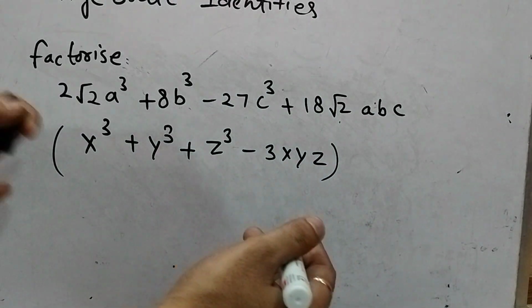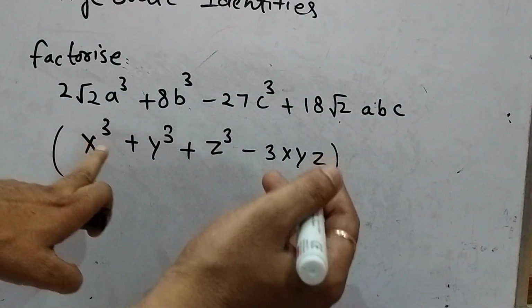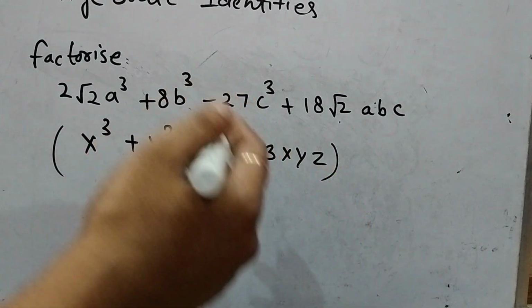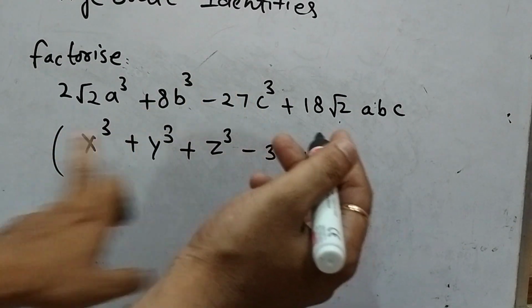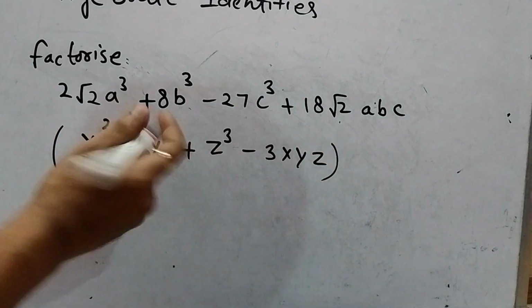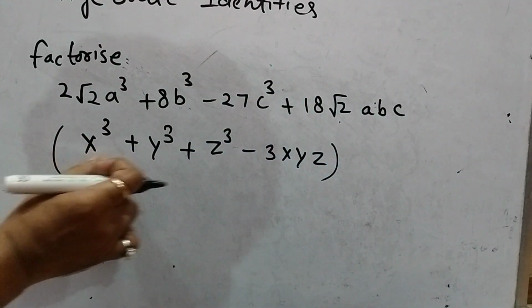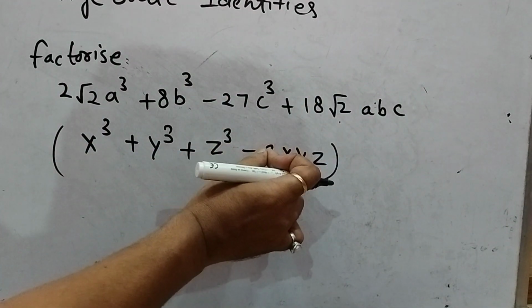If we want to use this algebraic identity, we have to make the form of this expression like x cube plus y cube plus z cube minus 3xyz.